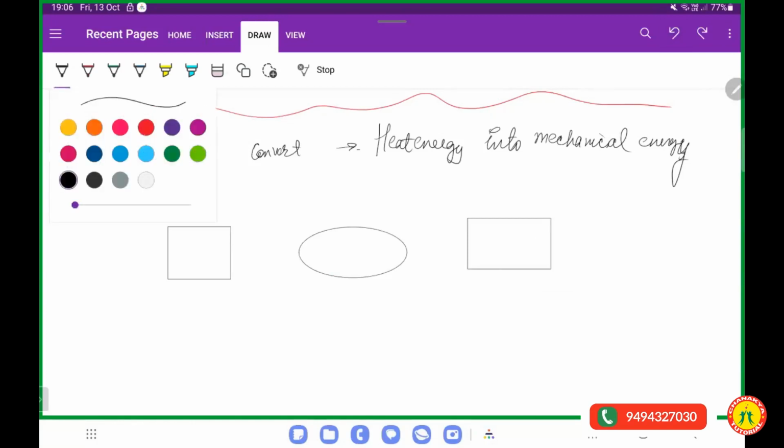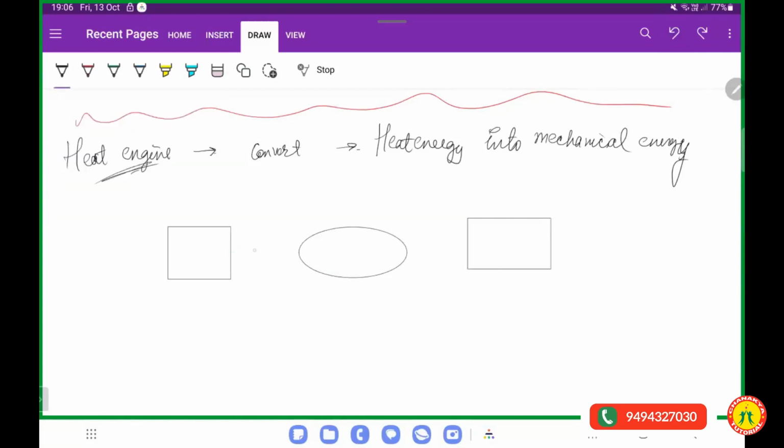So this is your hot reservoir, the temperature T1, cold reservoir T2, Q1 heat transfer, Q2 heat transfer. Now this Q1 is heat supplied.